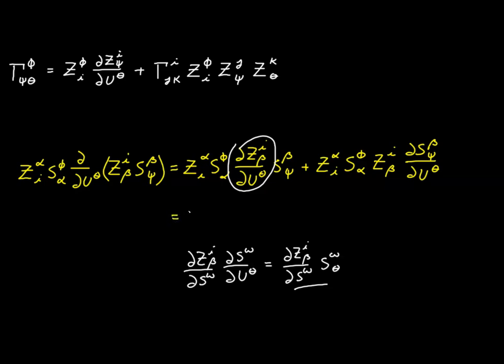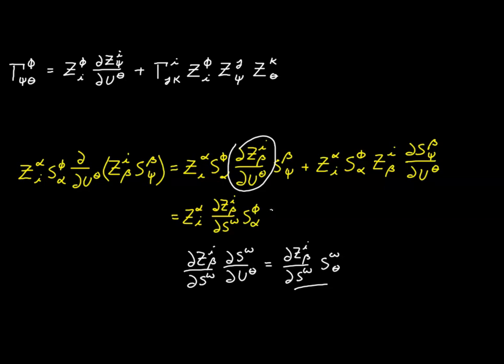So this first term is z alpha I. We'll put this term next: partial of z I beta with respect to s omega. And then we'll tag on all the remaining shift tensors. So first is s phi alpha.